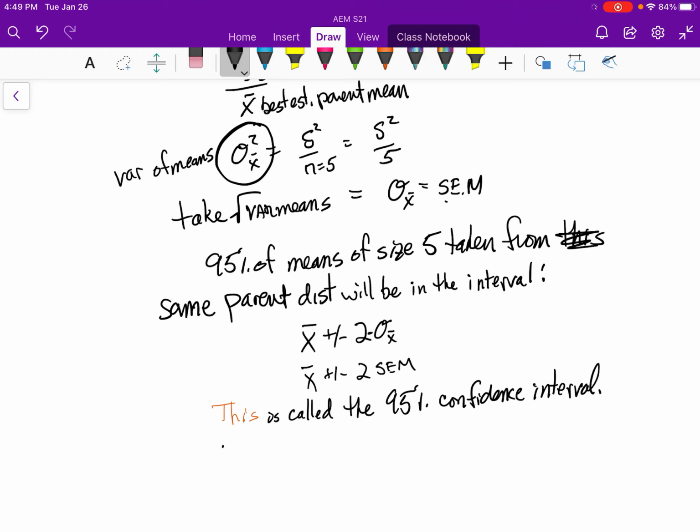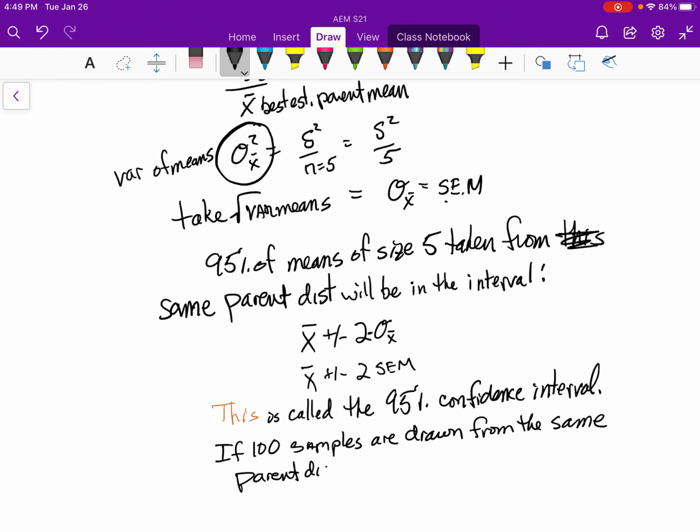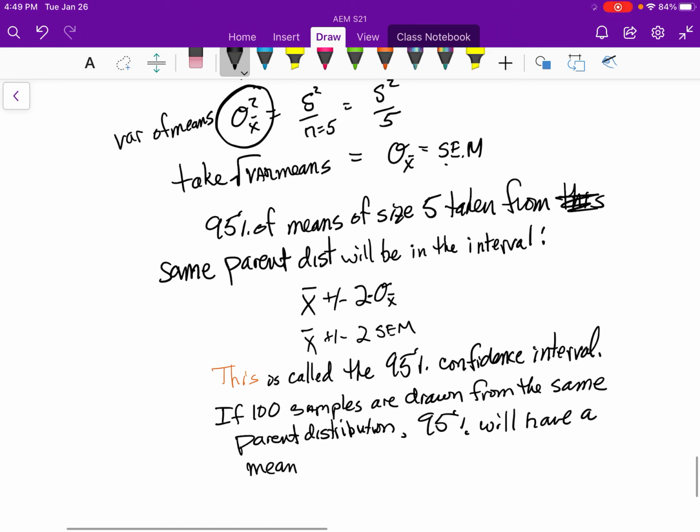Okay, and specifically what that means is if 100 samples are drawn from the same parent distribution, 95% will have a mean value in this interval.